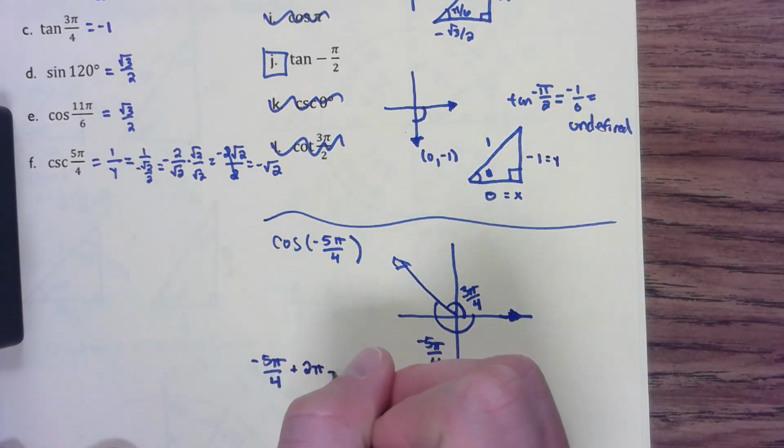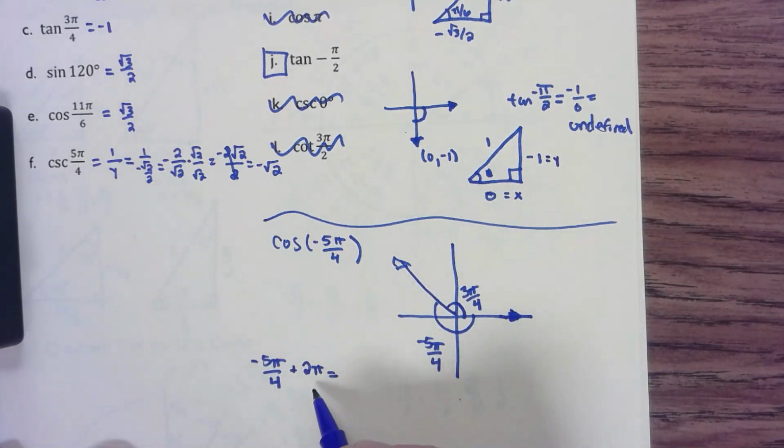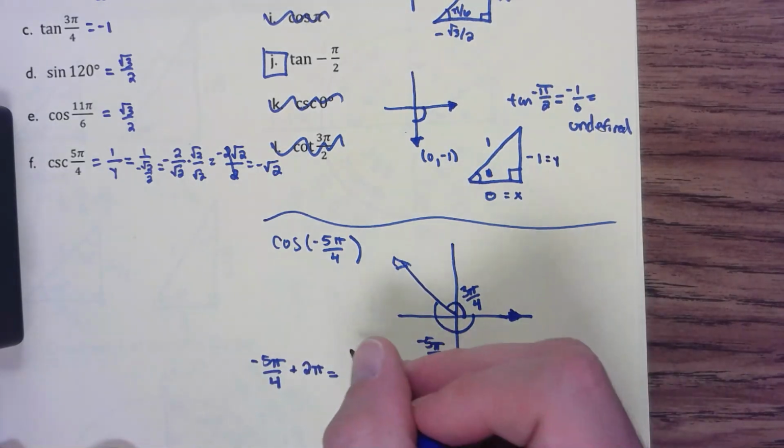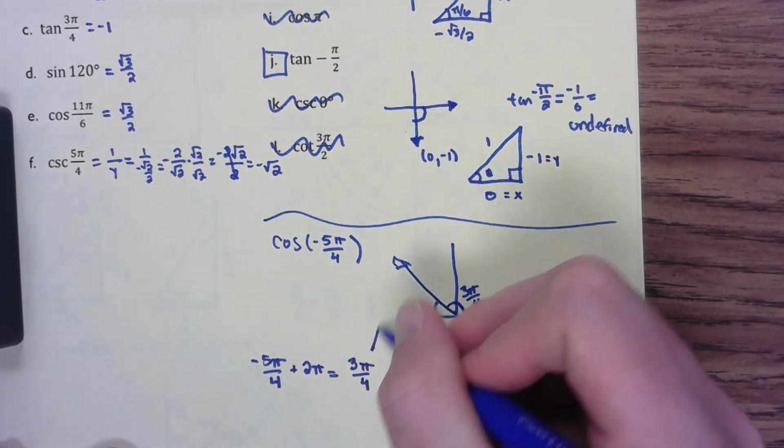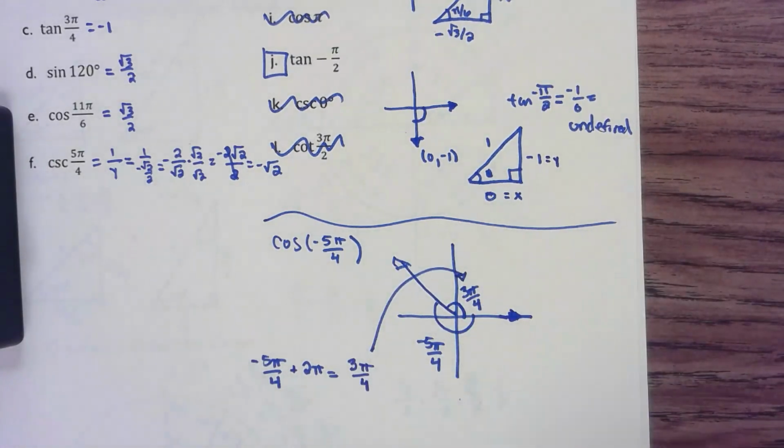So if I add 2 pi, well, that's 8 pi over 4. Negative 5 pi plus 8 pi is 3 pi over 4. Okay, so that's another way I can come up with that angle and then use the unit circle from there. There are lots of ways you can figure out where that should bring you.